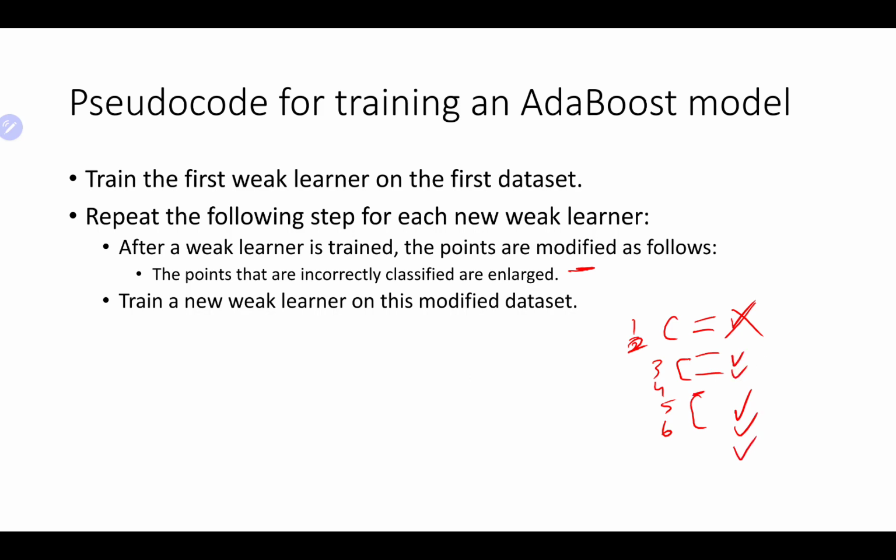Because you're not that good on 5 and 6, you will study more on this. You're very good on 1 and 2, so there's no point in spending any more time. It's just a waste of time now because you want to get good at these chapters. And among these 3, 4, 5, 6, you put more emphasis on 5 and 6 because you did not do well on the exercises yourself. This is the idea in Adaboost: when it sees it making errors on some points, it will put more emphasis on those.